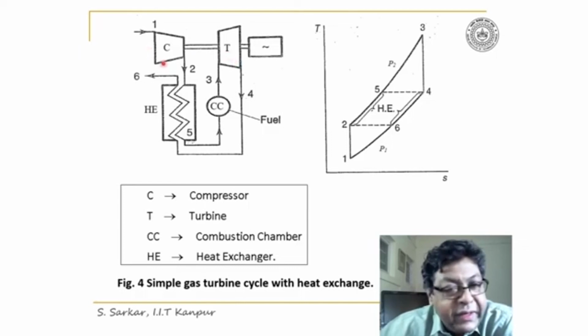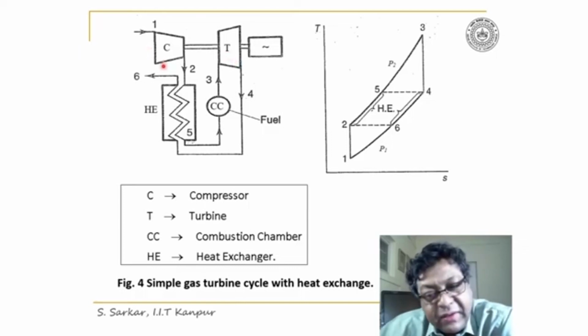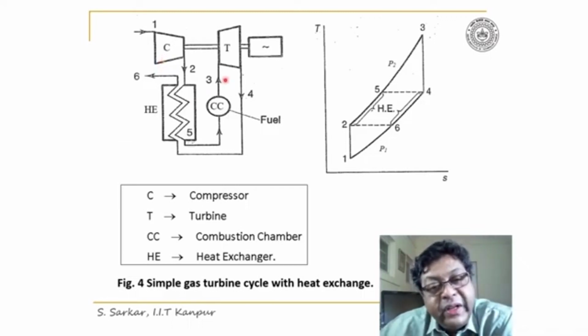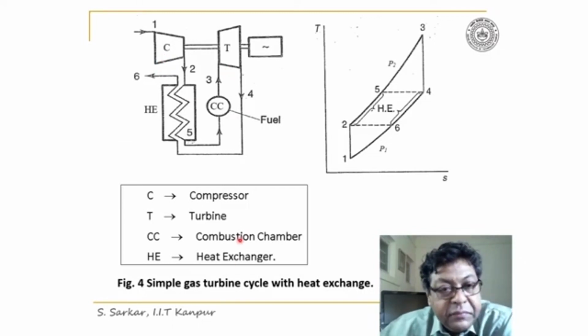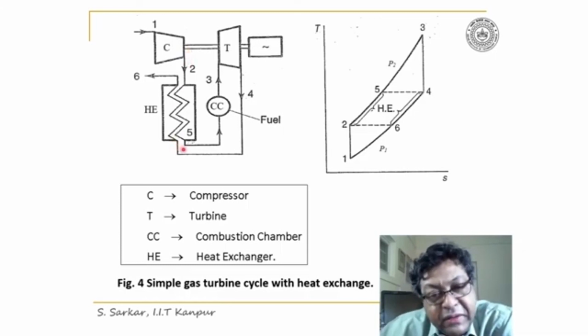The turbine is connected to the compressor, so turbine output is utilized in running the compressor and at the same time in running the generator to produce electricity. However, here a heat exchanger is provided between the compressor and the turbine. Thus, air initially is compressed and then passes through the heat exchanger.